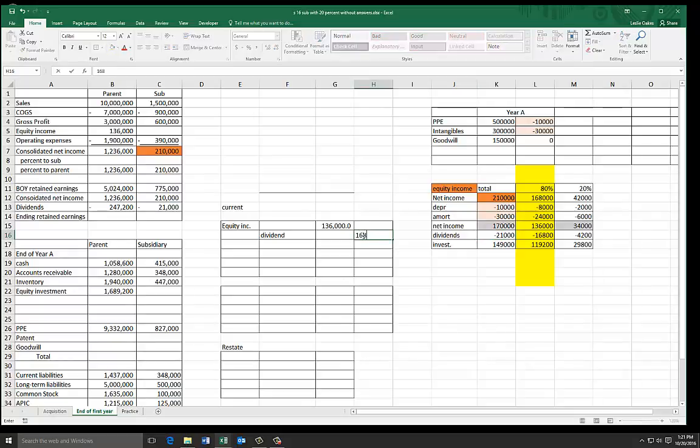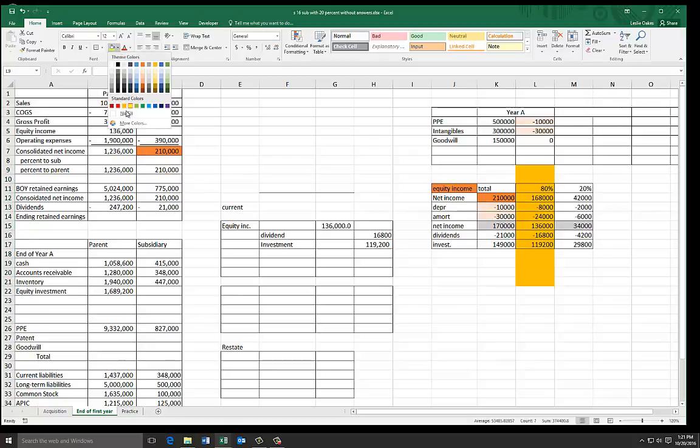So 16,800. And that leaves a change in the investment that must be undone, the equity investment, of 119,200. It's these numbers that we're going to use: the net income, the dividends, and the impact on the investment.